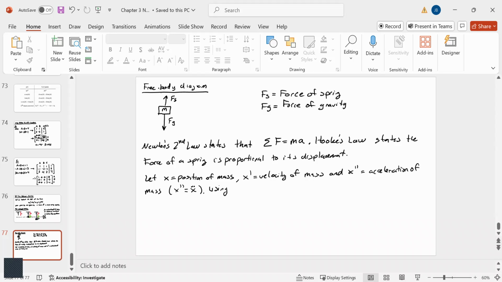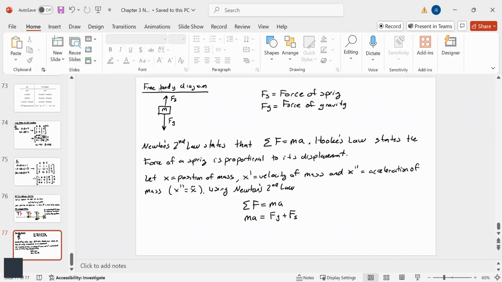Using Newton's second law, the sum of the forces equals mass times acceleration. I'm just going to swap the mass times acceleration to the left side. So the mass times acceleration, m x double prime, is equal to the force of gravity plus the force of the spring. It doesn't matter, but this just makes it look nicer. Now, what determines gravity?